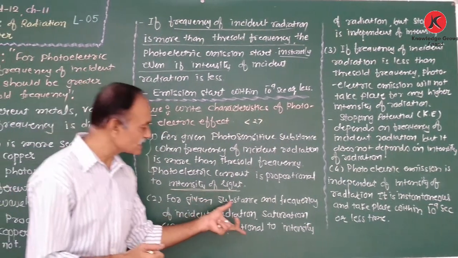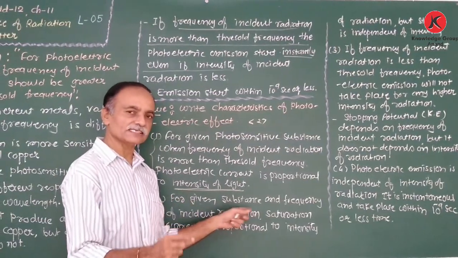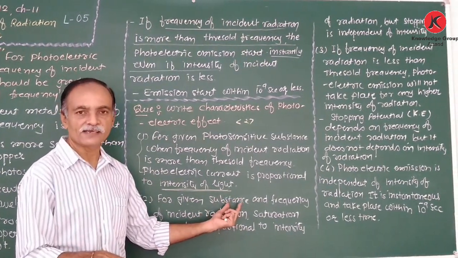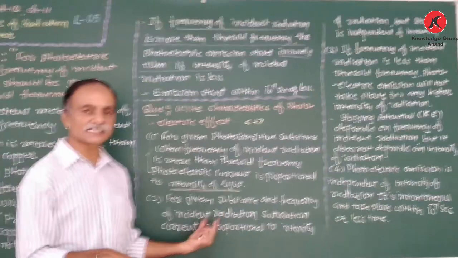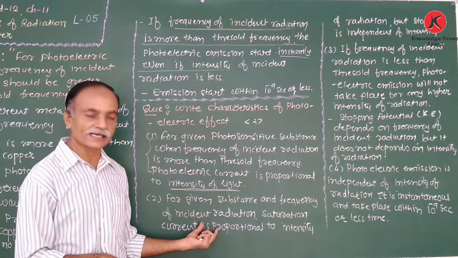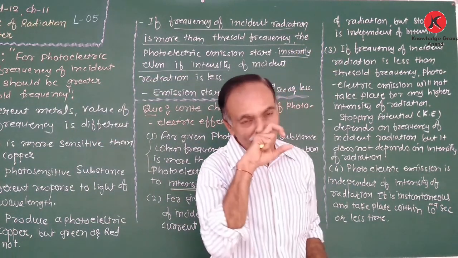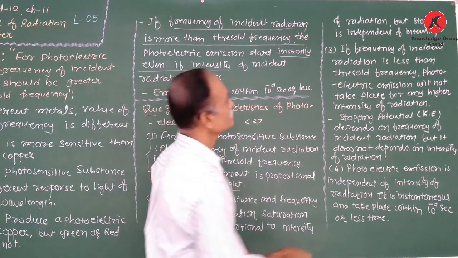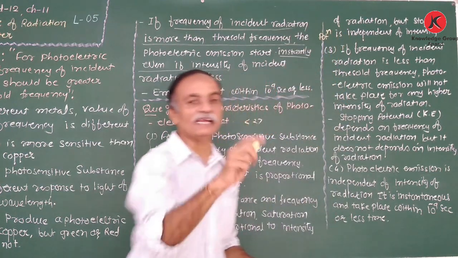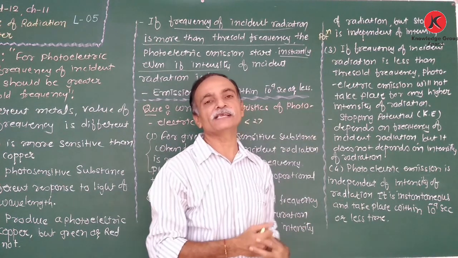So what does this characteristic suggest? If the substance is fixed, and the frequency of incident radiation is fixed, but this frequency is greater than the threshold frequency, then the number of photoelectrons emitted, that means the photoelectric current, depends on intensity of radiation, but the stopping potential, that means the kinetic energy of the emitted photoelectron, is independent of intensity.